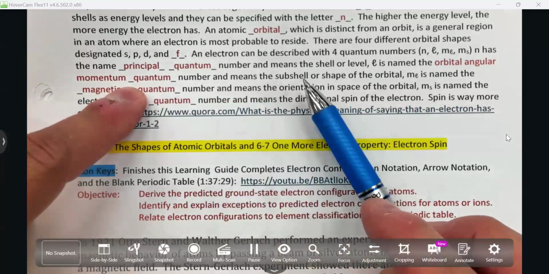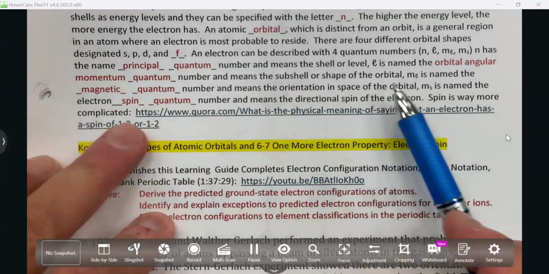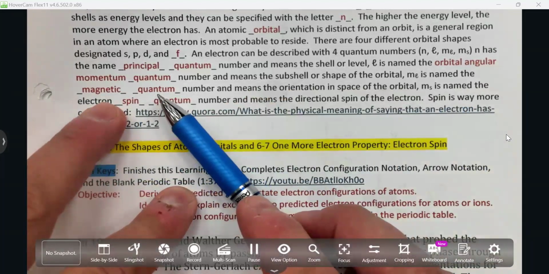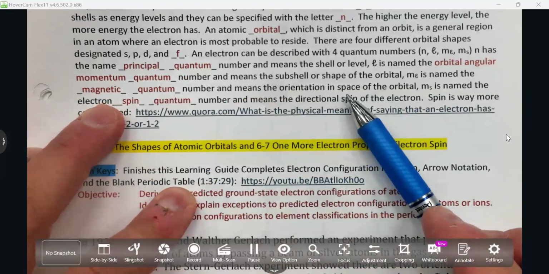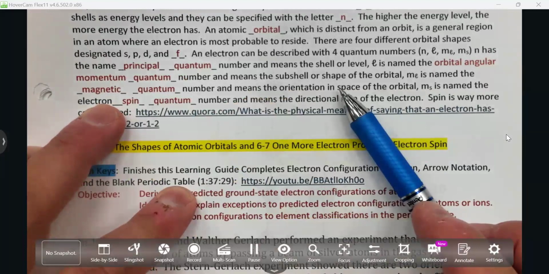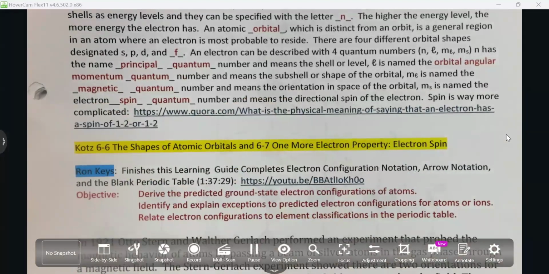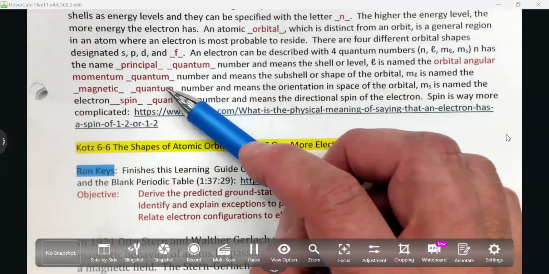It really is the subshell, S, P, D, or F. M sub L is named the magnetic quantum number. And orientation in space, I say it really tells you the exact orbital, and then it's still a spin. So you're going to see, I'll kind of ask you for a drop down, I think, for these.